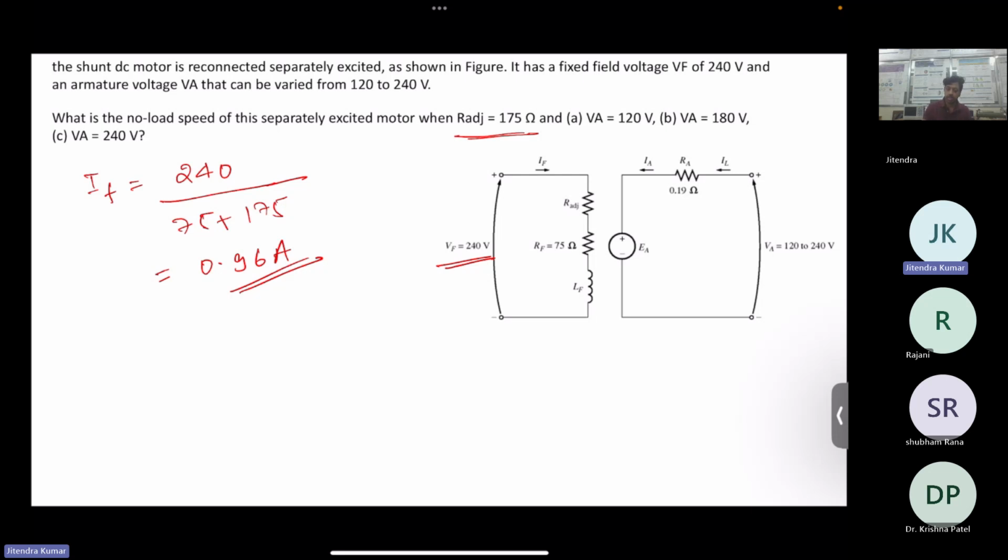Corresponding to this IF there will be some EA generated. That value is given: 0.96 ampere provides the generated or armature voltage equal to 277 volts. So we have a curve, an internal characteristic. Let me also bring that.